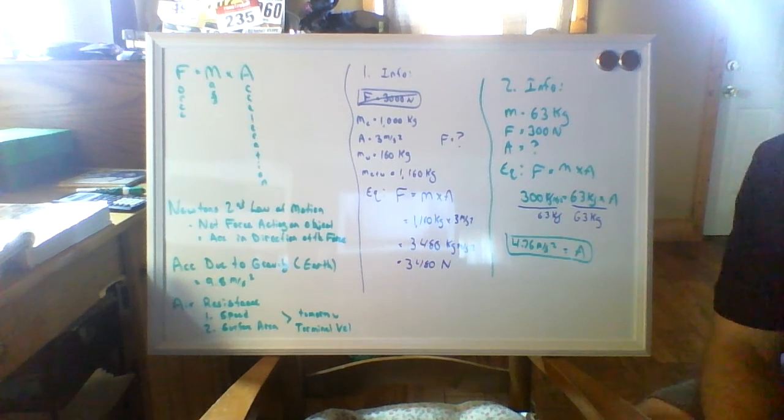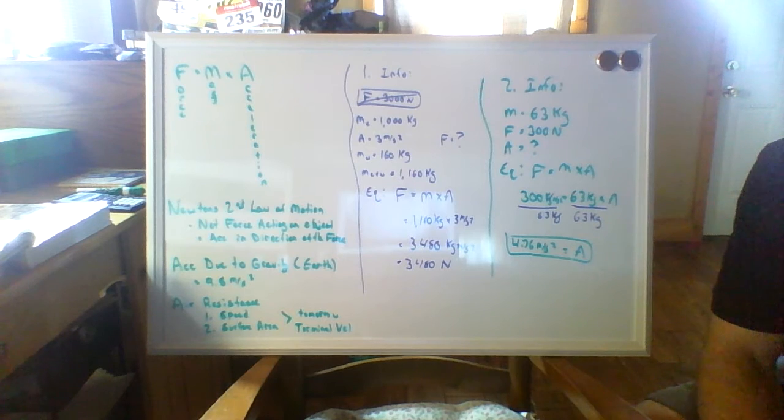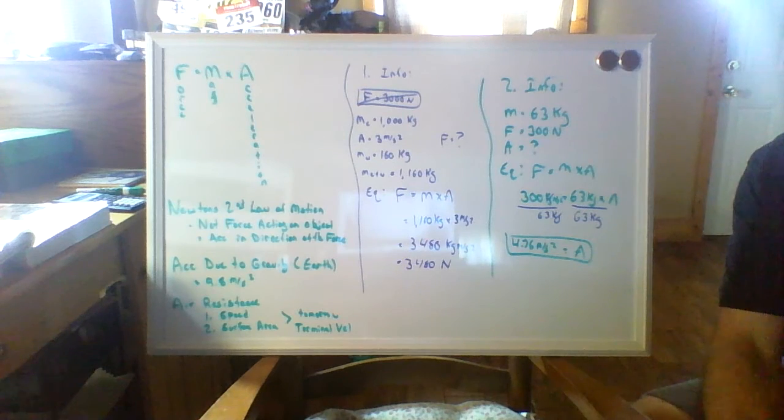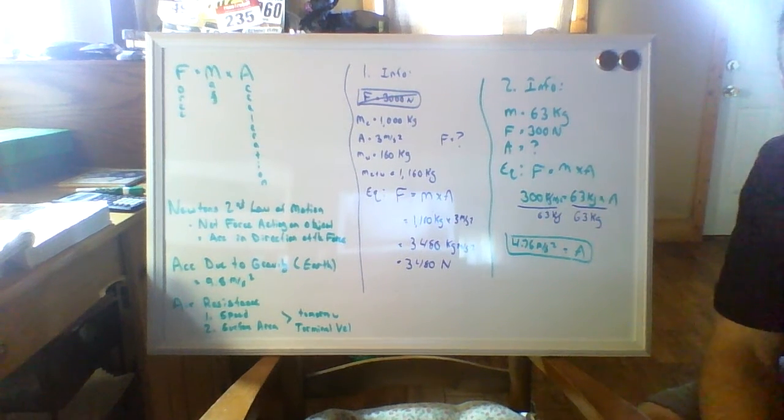Two other big concepts from this section. One is acceleration due to gravity. As long as we are on the Earth, all objects accelerate at 9.8 meters per second squared. Meaning, if I drop two objects, a heavy object and a lighter object, negating air resistance, they're both going to hit the ground at the same time.